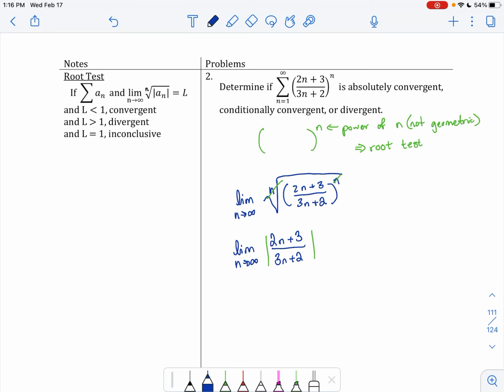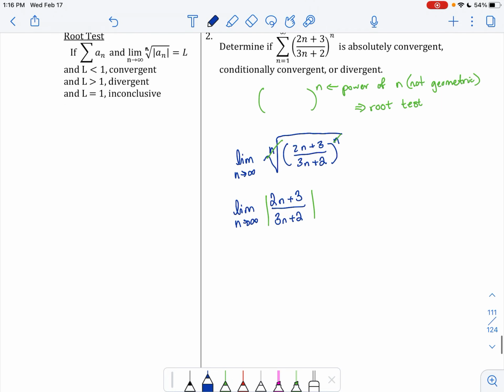If there were negative numbers, you could do some canceling out, just like we did in our ratio test. Now, since we're going towards infinity, the plus 3 and the plus 2 don't make a difference. We can drop those lower degree terms. And that leaves us with the limit as n approaches infinity of 2n over 3n, which is 2/3.